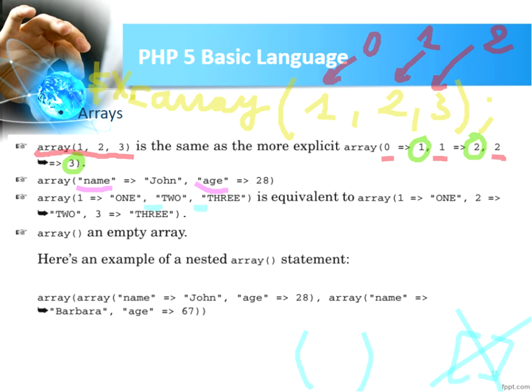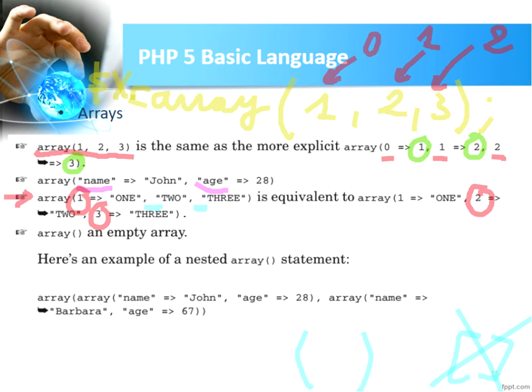So here I specify 1 for the first element, the index is 1, but here I don't specify for the second and the third. So this array is equivalent to writing 1 => 1, 2 => 2, and 3 => 3. It is clear? This point is clear?